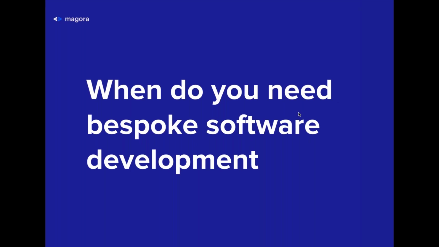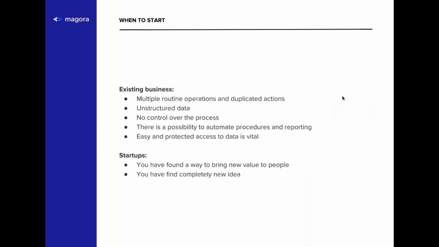So the first slide that we're looking at is, when do you need bespoke software development? So let's have a look at this. Where to start? That is the main thing when everyone looks at whether you might be a startup with a new idea, or there are existing people in the market doing what you're doing.